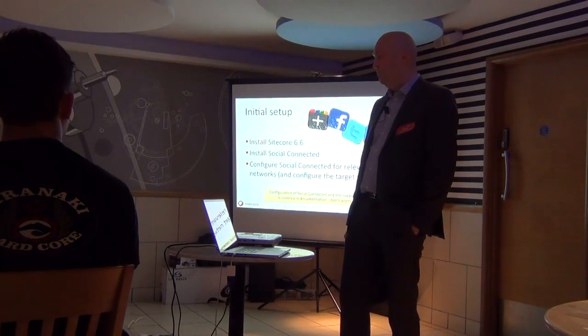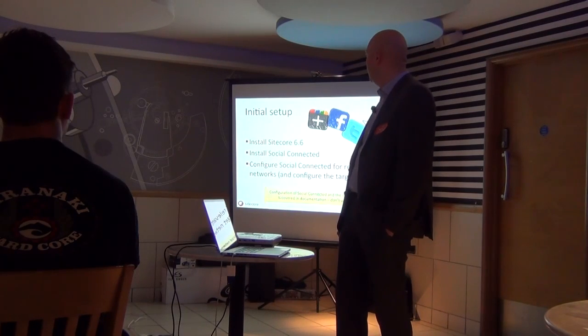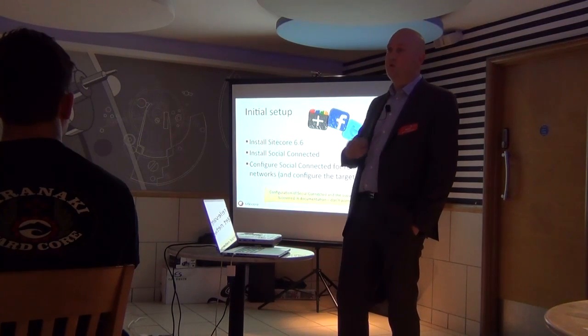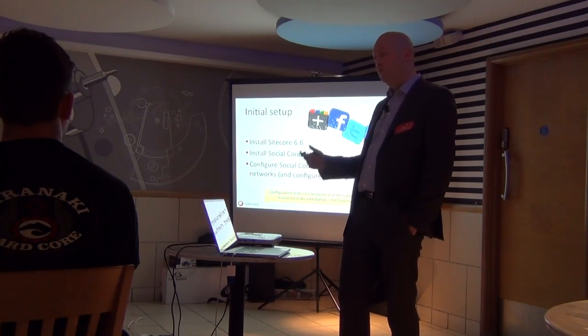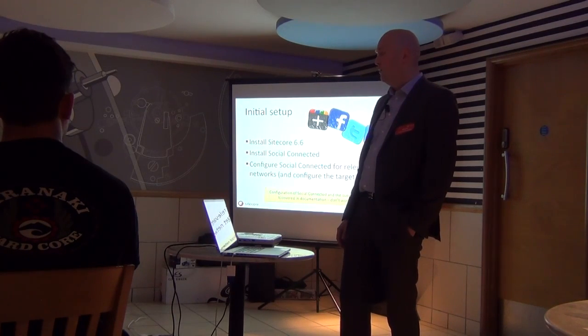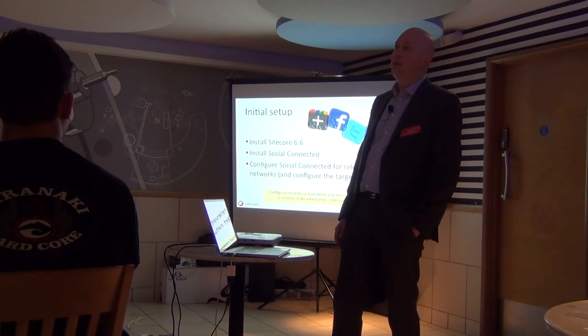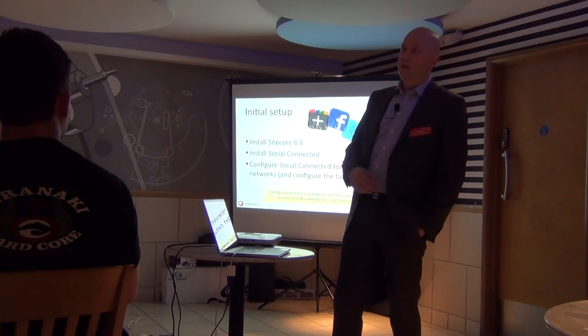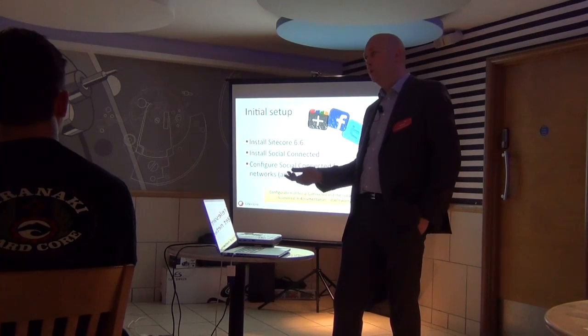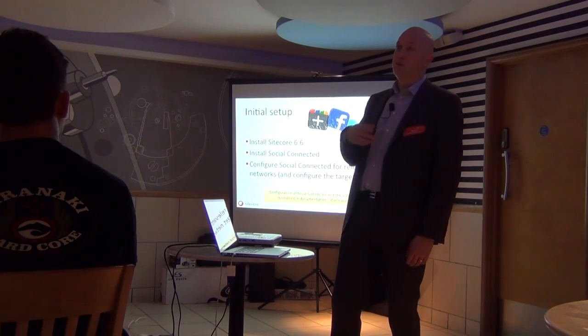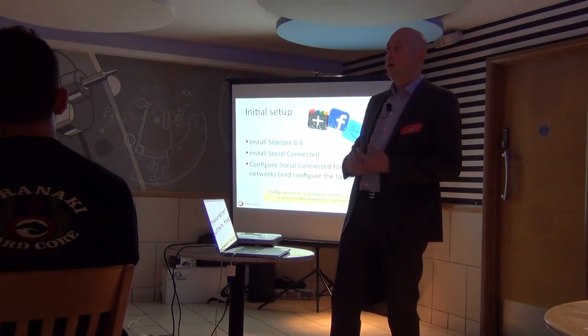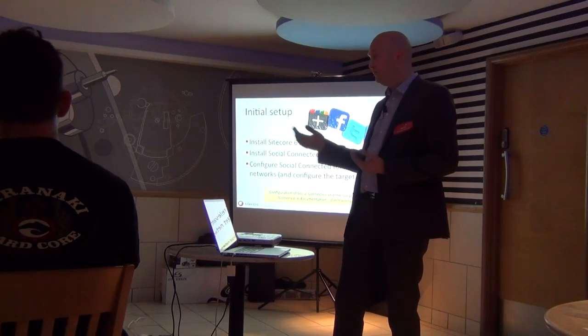So an initial setup: install Sitecore 6.6, install Social Connected, the web forms module, and configure a couple of Social Connected connectors. You have to set up some Facebook application or a Twitter application, so you have something to authenticate against.